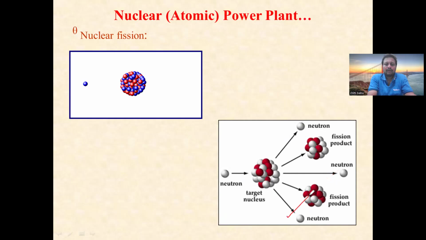During this process, a large amount of heat will be developed. Again, these neutrons will be bombarding the nucleus of the uranium. Again, a large amount of heat will be developed. During this chain reaction, a large amount of heat will be generated.